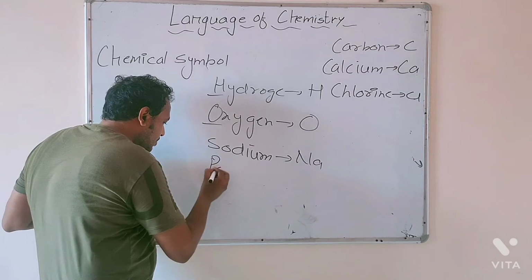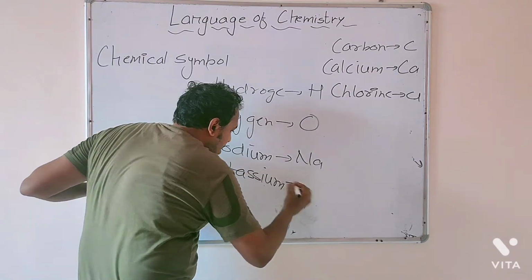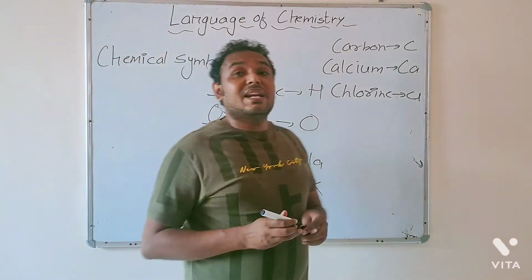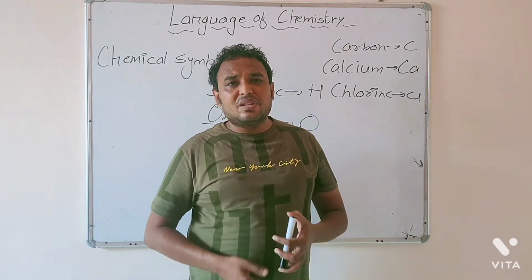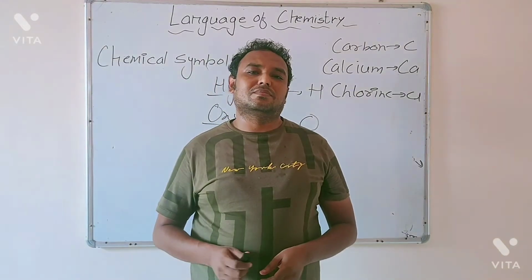Potassium. Its symbol is K because its Latin name is kalium. So in this way they have given the symbols of elements.